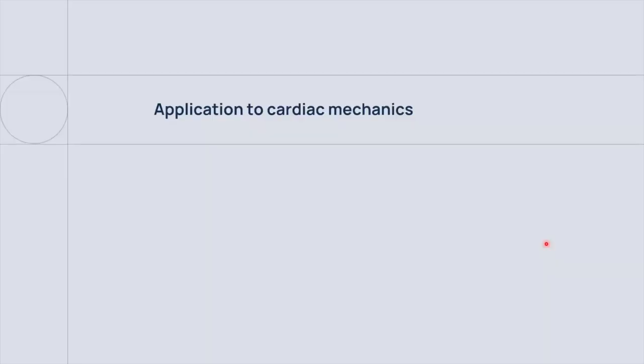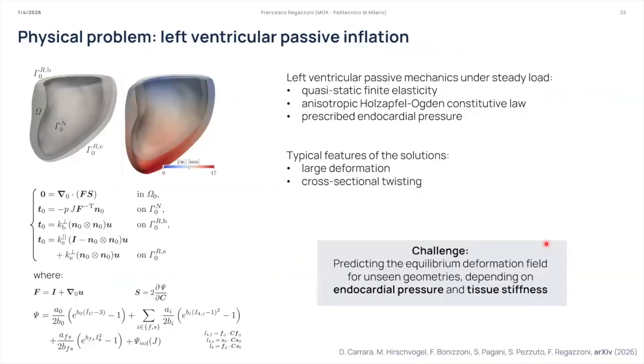And finally, I'm going to show you a real-life application of this methodology to the field of cardiac mechanics. So we consider this problem. We have a left ventricle, and we consider a passive inflation of the left ventricle. So we consider quasi-static equations of elasticity with an anisotropic Holzapfel-Ogden constitutive equation that is a highly nonlinear constitutive law.